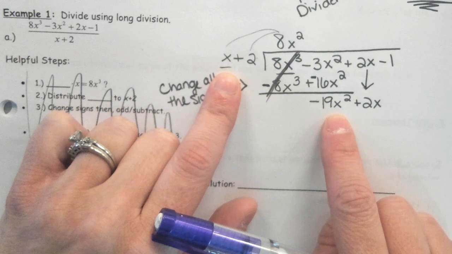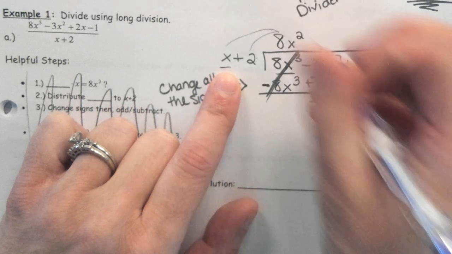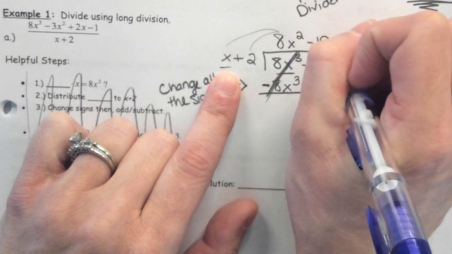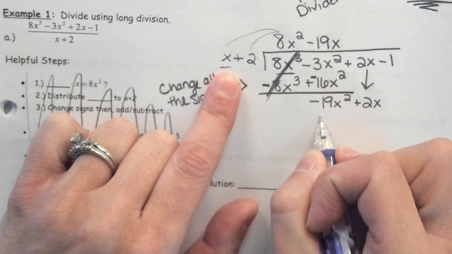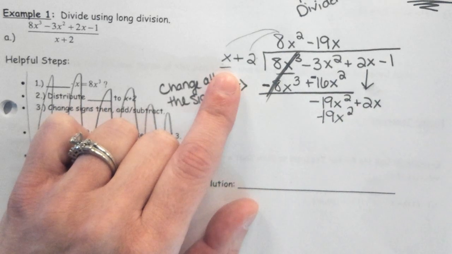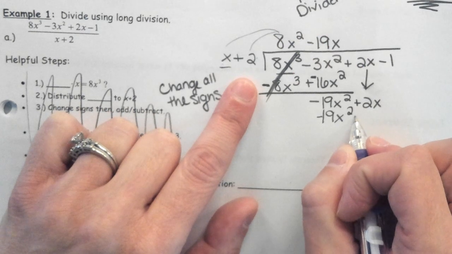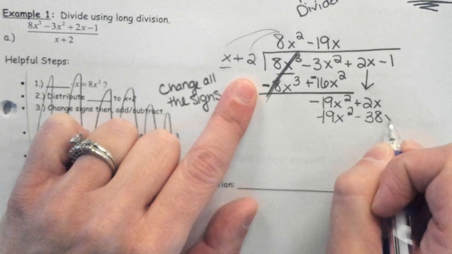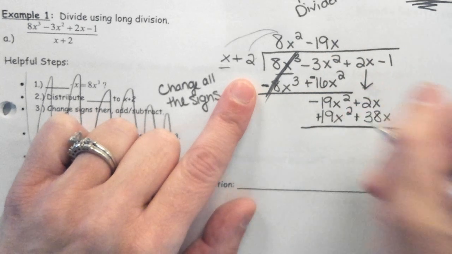X times what is going to give me negative 19x squared? Negative 19x. Right? Again, I need to distribute. Negative 19x times x is negative 19x squared. Negative 19x times 2 is negative 38x. Change both the signs.